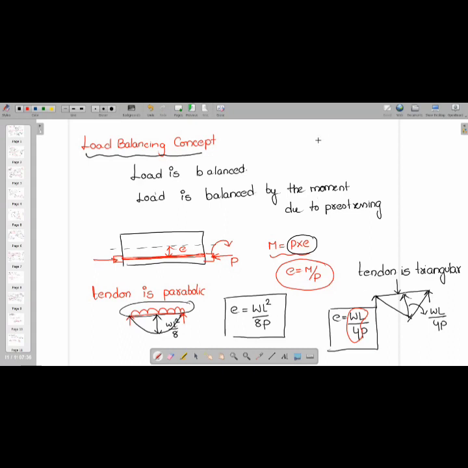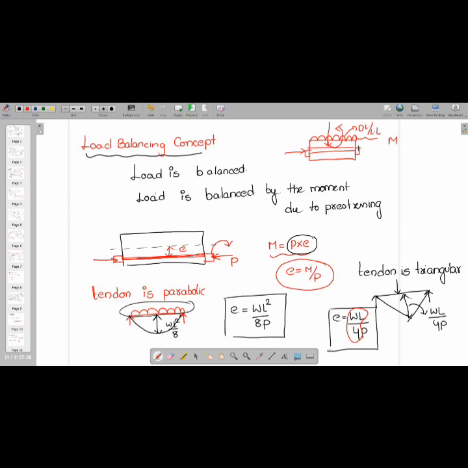what I want to tell you here is, suppose in a pre-stressed concrete beam you will have a load here. This is dead load or live load or whatever load. Due to this load, there will be a moment. Now, there is a tendon here, and this is the pre-stressing force.